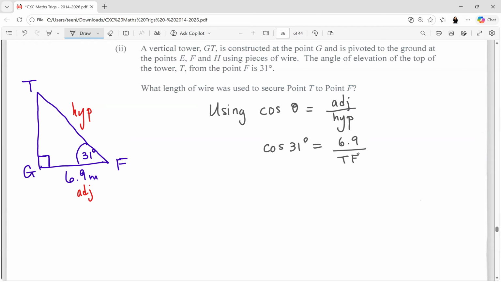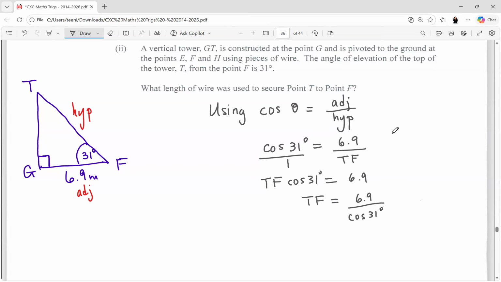Cross multiplying, this would be TF times cos of 31 is equal to 1 times 6.9. So TF will be equal to 6.9 divided by cos of 31 degrees.